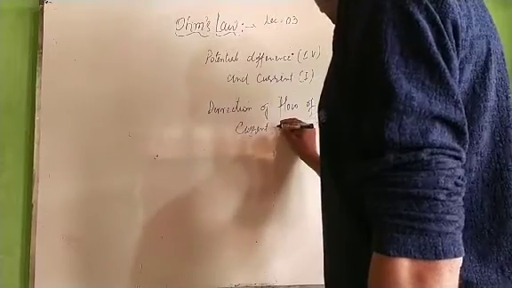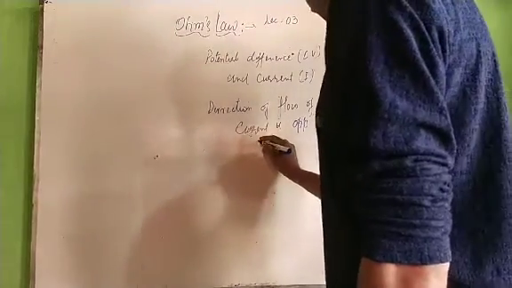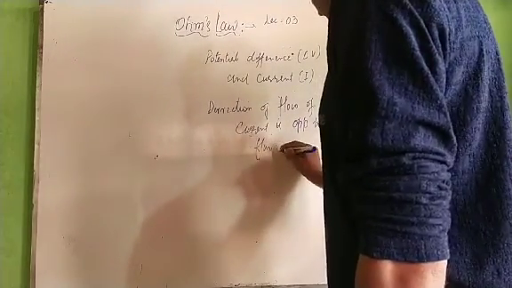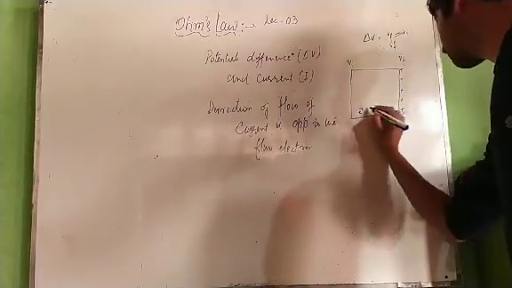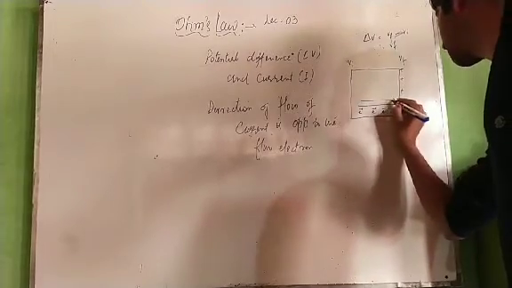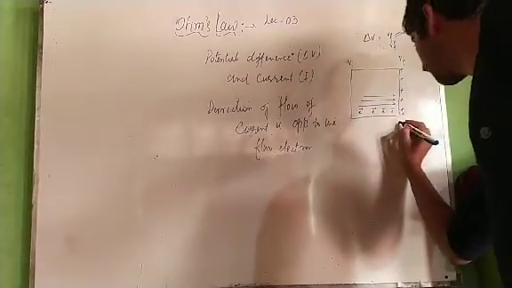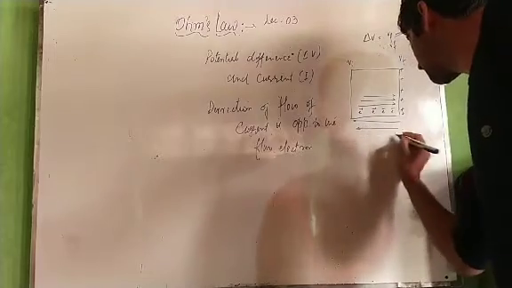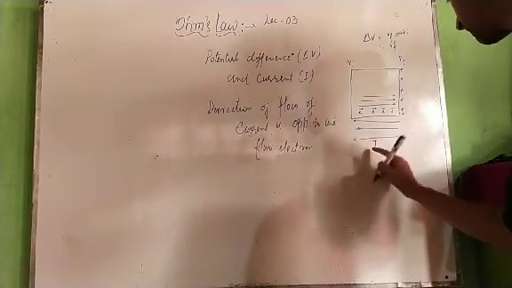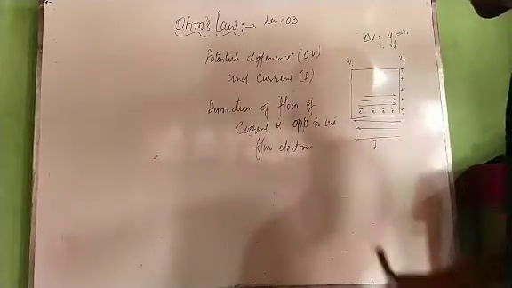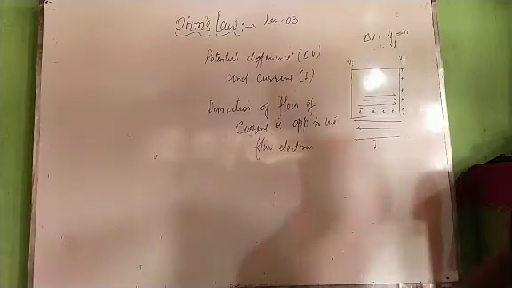What does this mean? This means that if our electrons are moving towards this positive potential, towards this side, our electric current will move towards the other side. This is the direction of electric current and this is the direction of flow of electrons. They are opposite to each other.